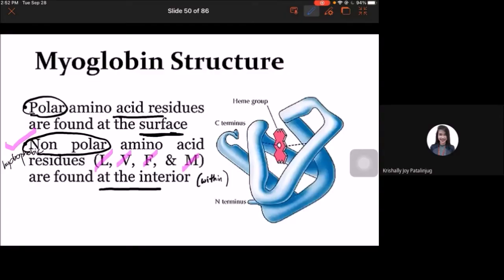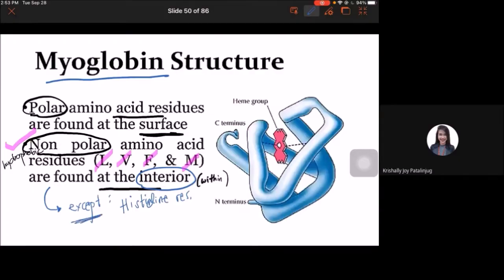Generally, they are found at the interior portion of myoglobin. But we have certain exceptions for the myoglobin structure. We have certain amino acids which are polar that are found still in the interior portion ng protein. I repeat, meron tayong exception na mga amino acid which are polar but found in the interior portion of the protein. And that particular amino acid in myoglobin is the histidine residue.